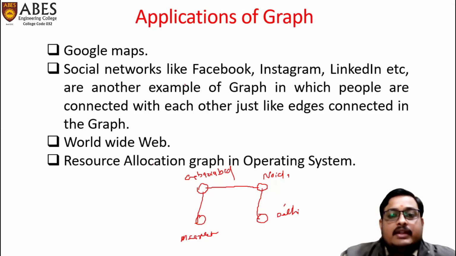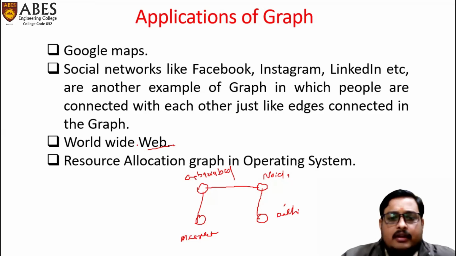Social networks like Facebook, Instagram, and LinkedIn are also examples of graphs. The connections between friends can be represented using a graph. In the World Wide Web, links are connected, and these connected links can be represented with the help of a graph.